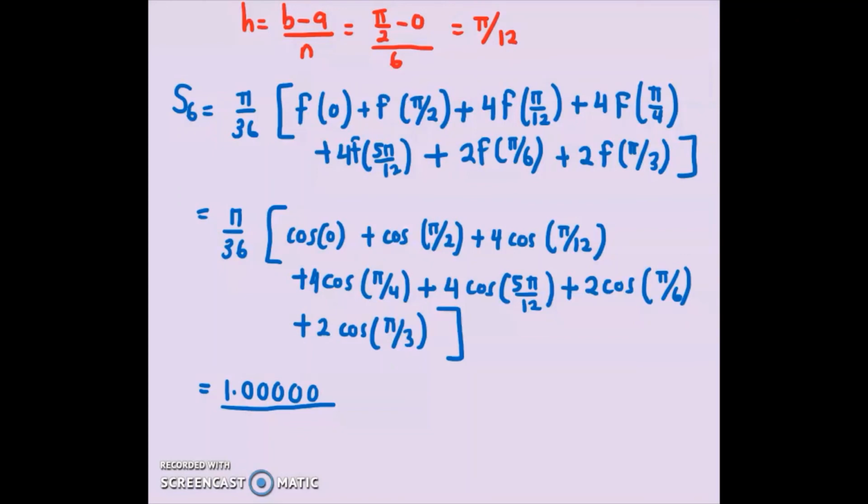You can check the error by subtracting approximation minus exact, but I'm not going to do that. So you know that Simpson rule, which is order 4, can give you a very accurate result. Different values will be obtained if you divide into different n intervals, but this n equals 6 is good. Okay, that's all for today.